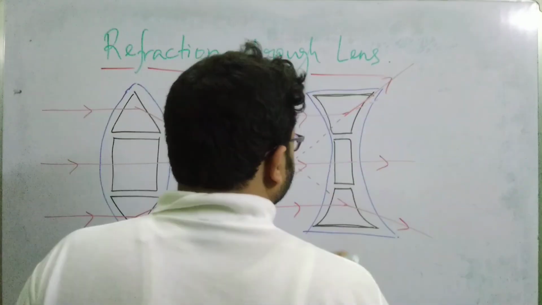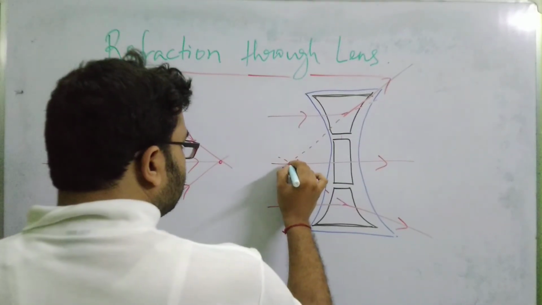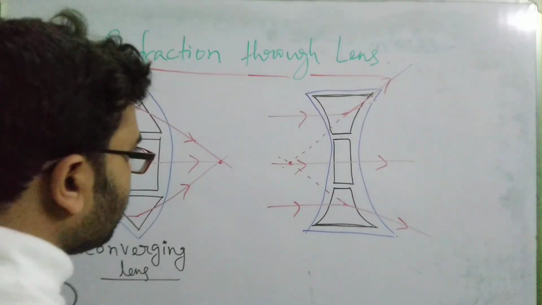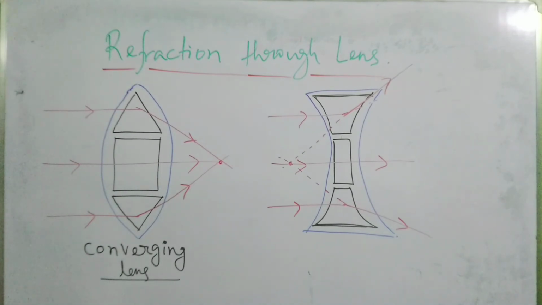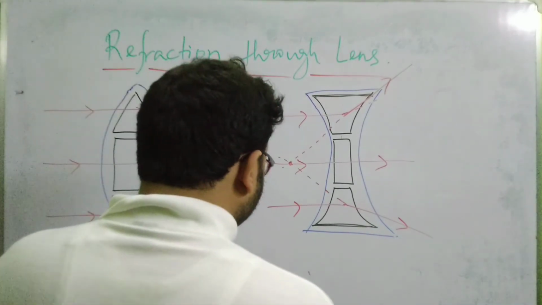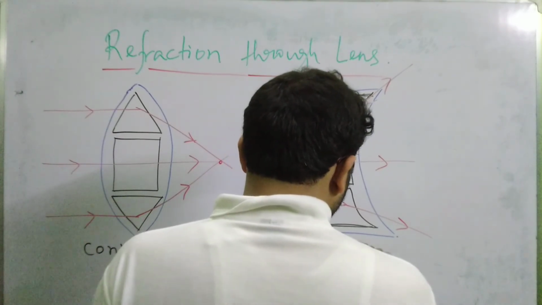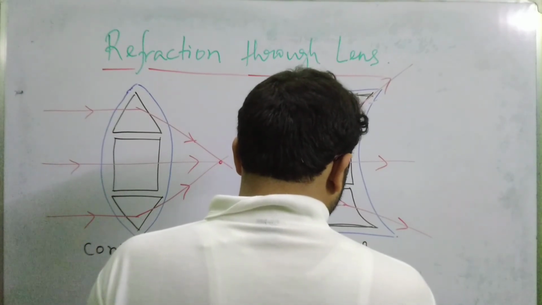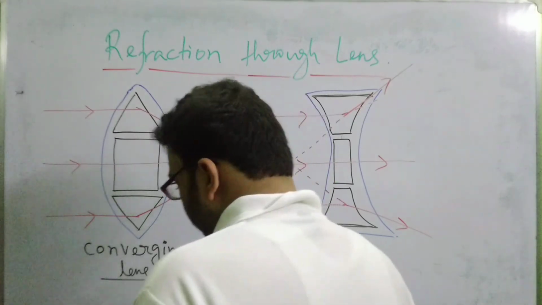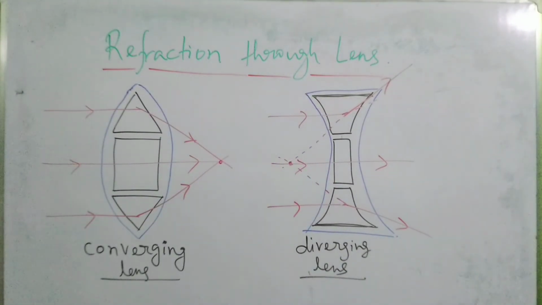So a concave lens has a diverging nature, and we regard the concave lens as a diverging lens. So the explanation of the nature of a lens through the structure of a prism, I think the concept is clear. Okay, fine. So these are the two kinds of lenses.